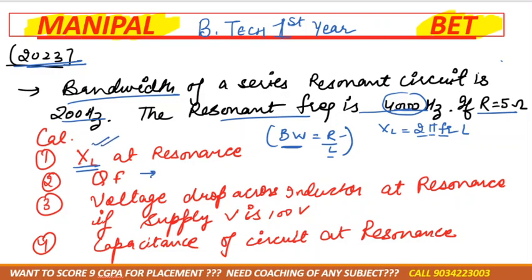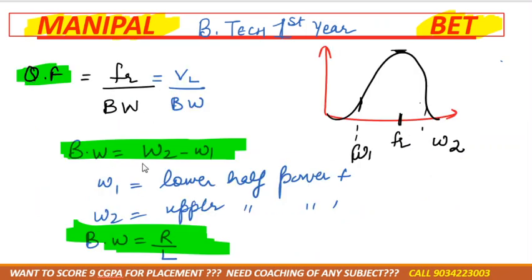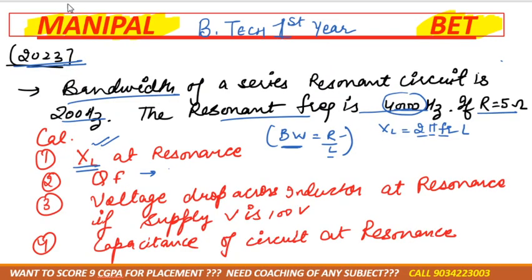Next is quality factor. Quality factor is what? I told you the formula, quality factor is resonant frequency by bandwidth, right? FR divided by bandwidth. FR we know, bandwidth we know. Next one is the capacitance. XL is equal to XC, right?